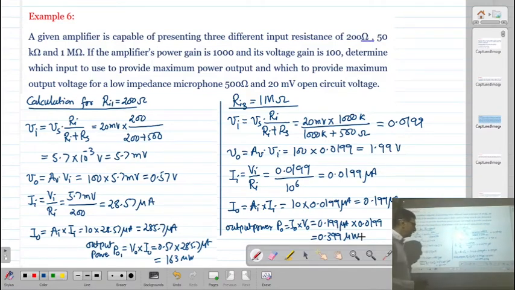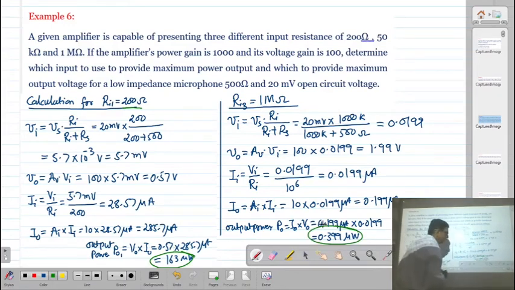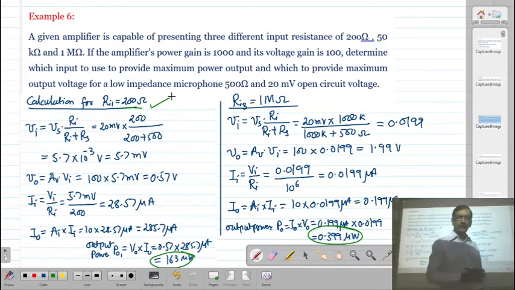Okay. So we have calculated the output voltage and output power for two different values of the resistance. Now you can compare the results. First of all, you have to find out which input resistance will provide the maximum power output. Here, when Ri is equal to 200 ohm, my power output is 163 microwatt. When Ri is equal to 1 megaohm, my output power is 0.399 microwatt. Means if I want a maximum output power, then I have to use an input resistance of 200 ohm.